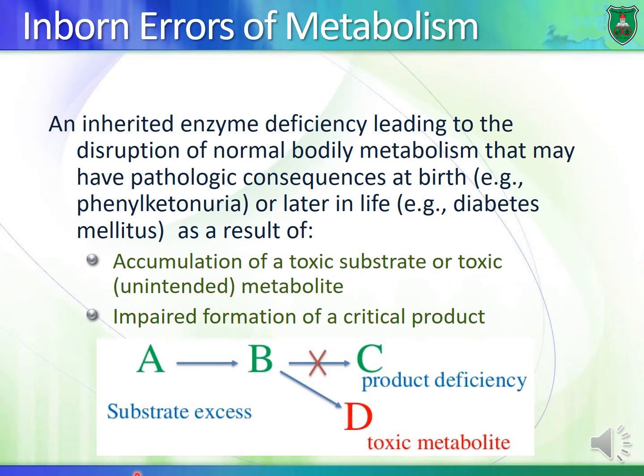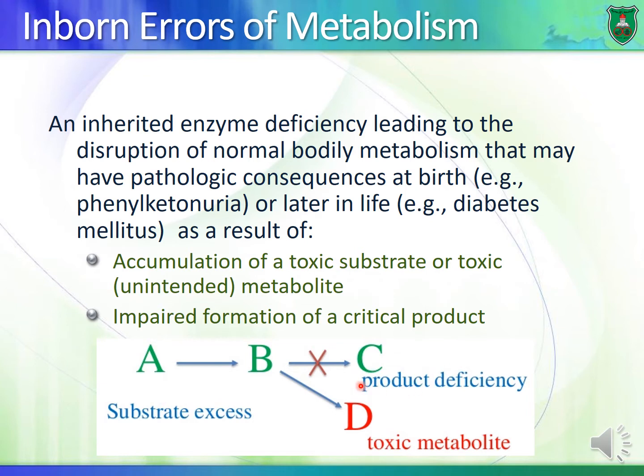Now what happens is that during metabolism you have conversion of one substrate to a product which can be a substrate for another enzyme, resulting in the production of the final product. During this pathway, if one of the enzymes is defective and not functioning well, then you will have accumulation of the substrate.